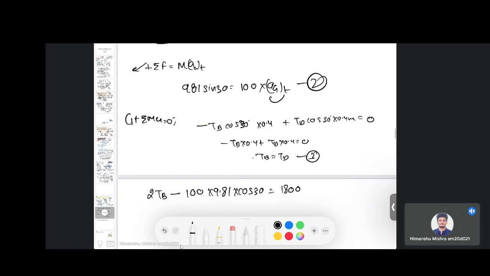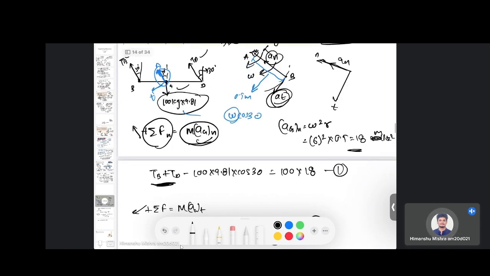This summation of moment is 0 because there is no angular acceleration of point G here. Even though there is an angular acceleration and angular velocity of rod AB, this point G is actually moving in a translating direction. There is a translation and not a rotation because it is constant at points B and D. So it is either moving to the right side or the left side.